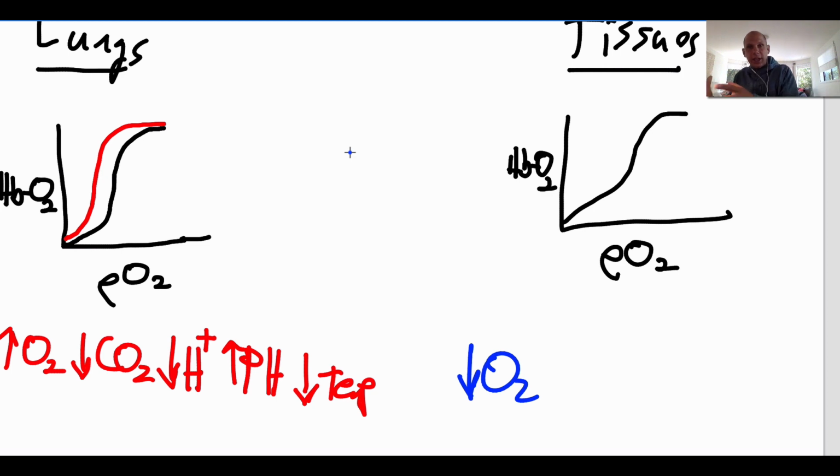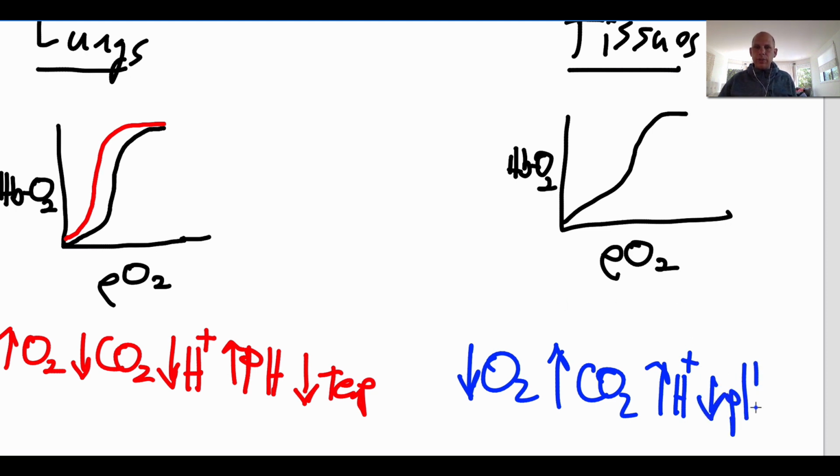Pyruvate is shuttling it into the mitochondria, and we're producing all that CO2 and all that ATP. Well, if you have a lot of CO2, that CO2 is now going to notice water. It's going to bind to water and produce carbonic acid, which is going to produce more hydrogen ions. And wherever we have a lot of hydrogen ions, we have a low pH.